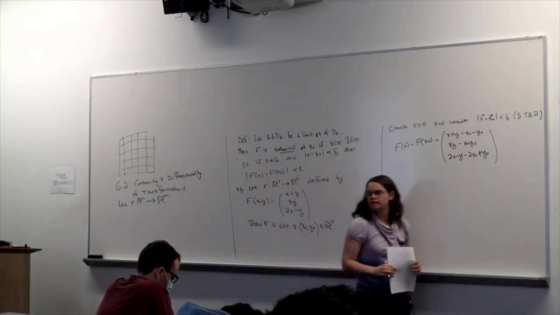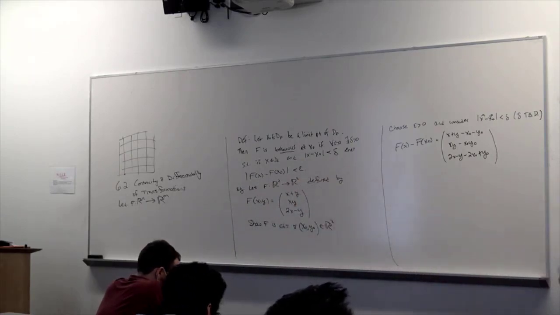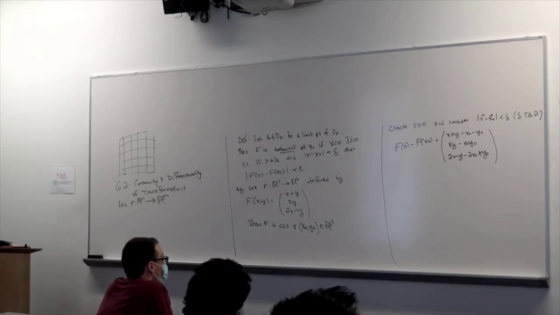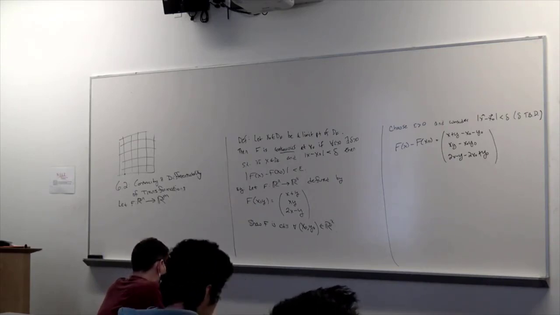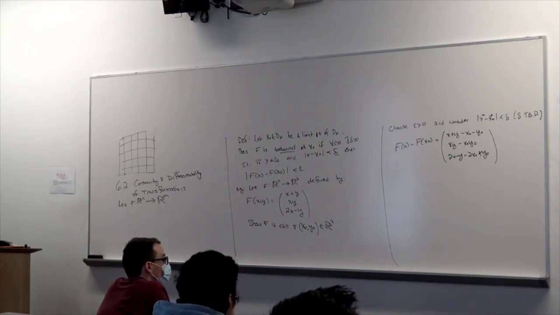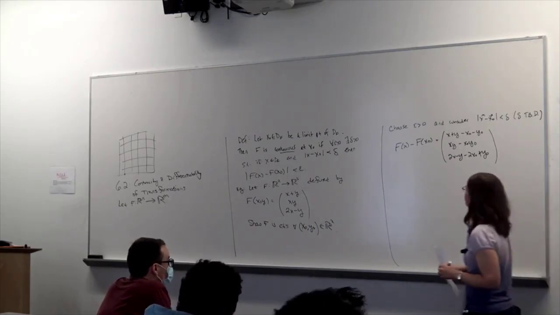We are going to have to take the length of this, certainly. We should expect that we're going to want things like x minus x naught and y minus y naught to pop up. So we should probably write it in that form.